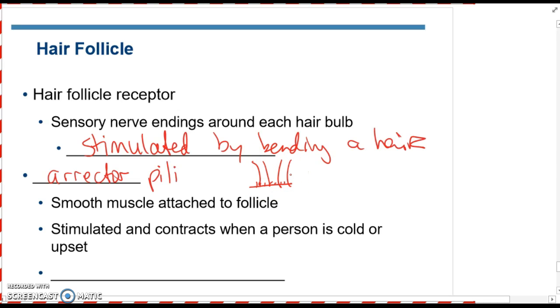There's a muscle attached to the follicle. This muscle is smooth. Remember the difference between smooth and striated. Smooth muscle is what makes the move whenever, for example, you're cold, causing goosebumps. That movement is what makes a person have what we call goosebumps.